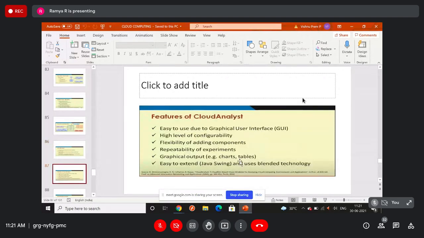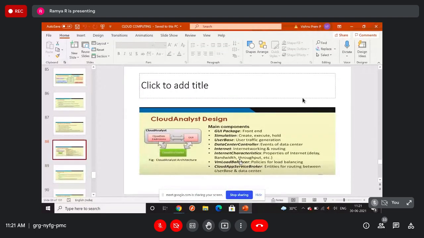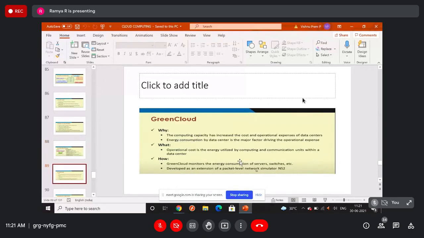The features of CloudAnalyst: easy to use due to the graphical user interface, high level of configurability, flexibility of adding components, and repeatability of experiments. As for the CloudAnalyst design, there are different components in this tool: the GUI package, simulation, user base, internet characteristics, and some other things.